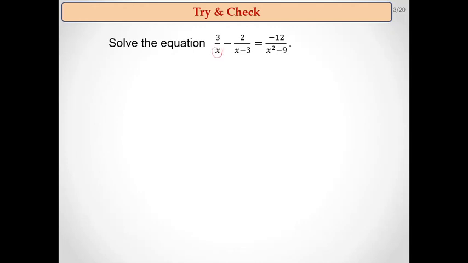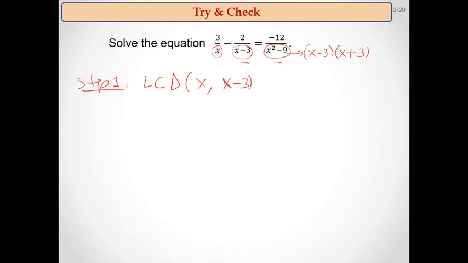We want to get rid of the denominators here, and in the denominator it's better to write them as a product of their factors, so factor them if possible. Then to get rid of them, the first step is you find the LCD of x minus 3 and x minus 3 times x plus 3.